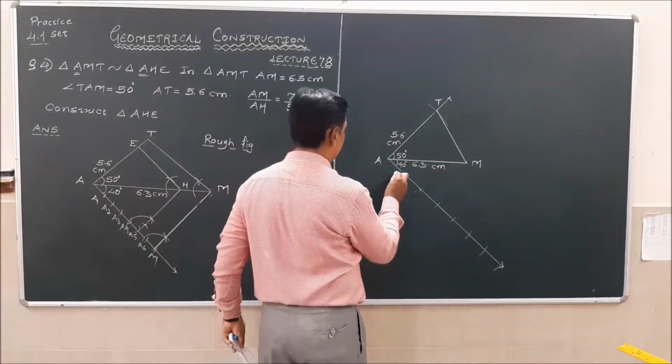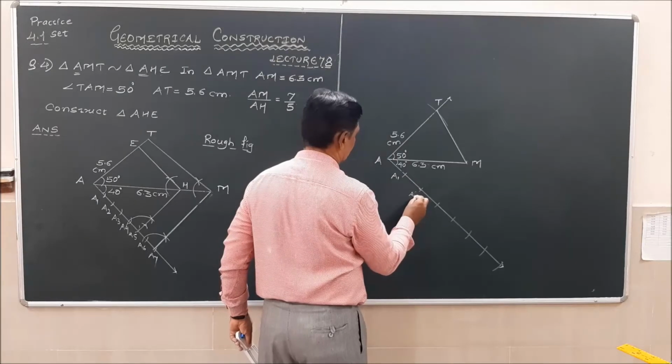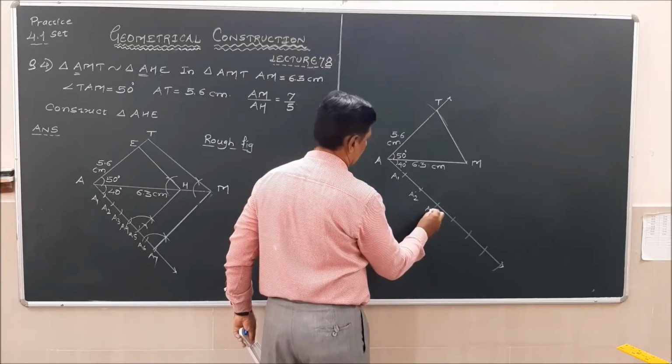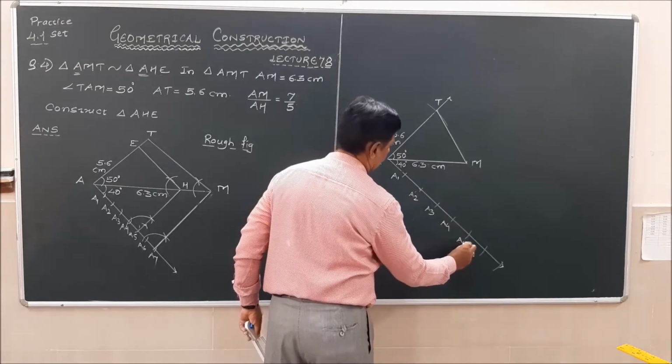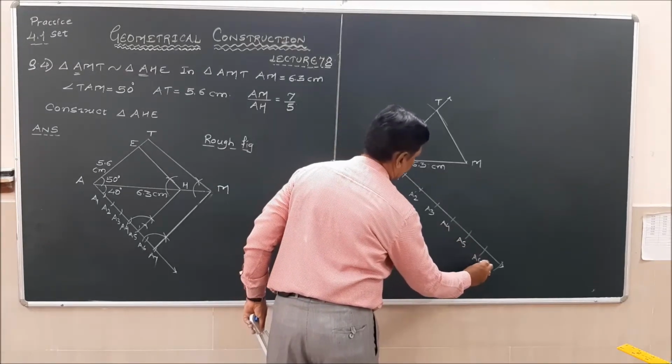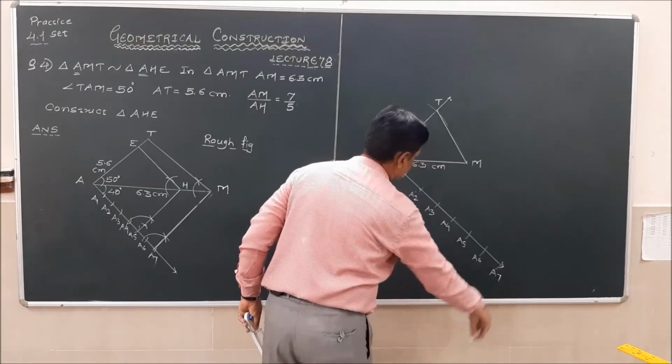Label them as A1, A2, A3, A4, A5, A6 and A7.